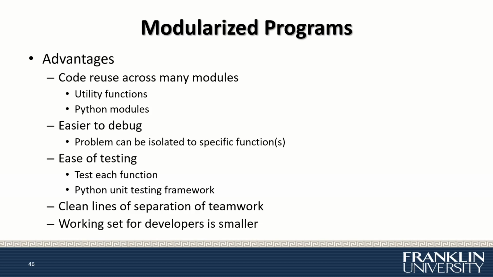Again, ease of testing. You just saw how I test the code. And clean separation and teamwork. This is only 5 functions, but I could have 5 different people work on those. They have the spec, they can write the function, and at the end, we can combine all this into a module file. What that means is the working set of a developer is smaller.